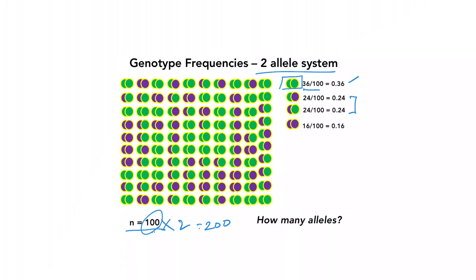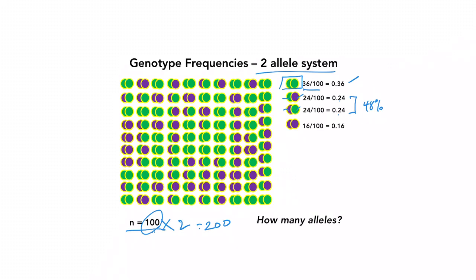And we're separating them out because there's 2 different ways that you can produce a heterozygote. You could either get the green allele first and then the purple allele, or the purple allele and then the green allele. And these can be different in terms of their identity by descent. So the total frequency of heterozygotes in this population is actually going to be 48. So 48 divided by 100 would be 48%.